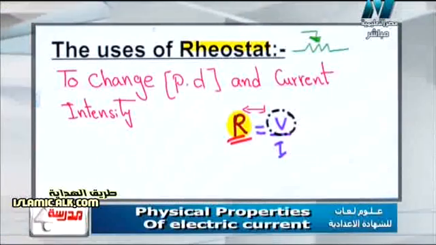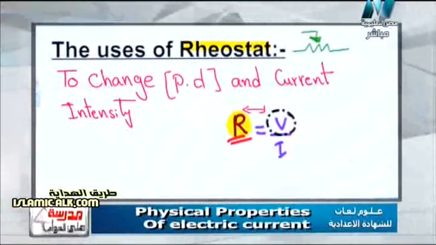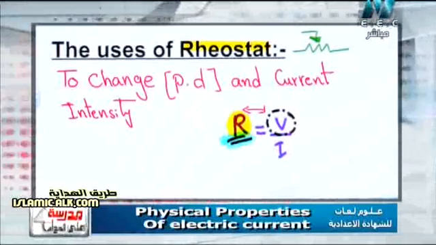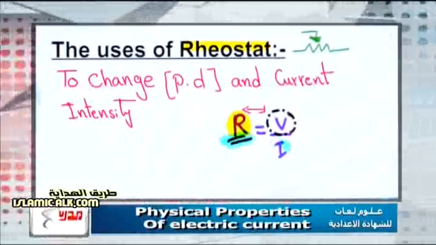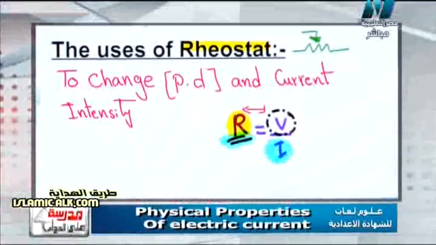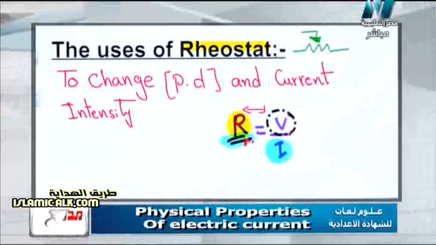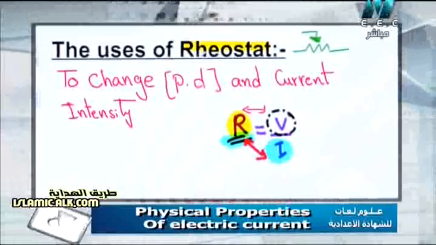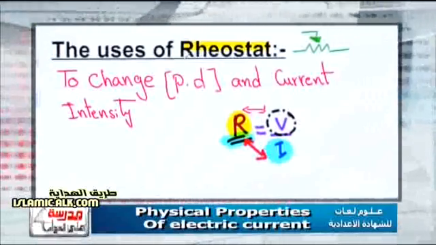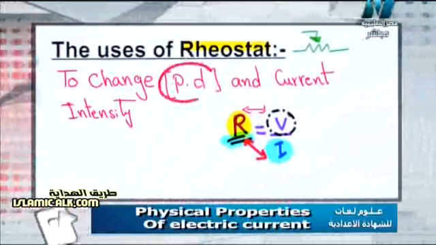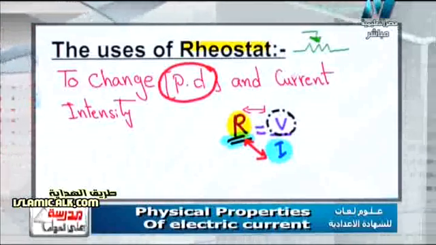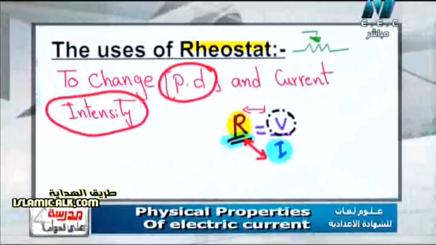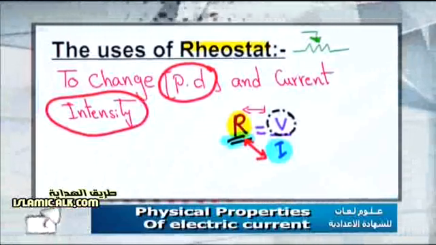And if we change R, we also change I, because electric current intensity is inversely proportional with electric resistance. So we use the rheostat as a variable resistance to change or control the potential difference and the electric current intensity. If we change it, we can control both potential difference and electric current intensity.